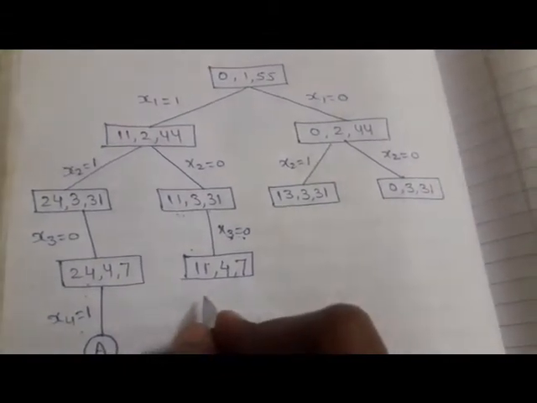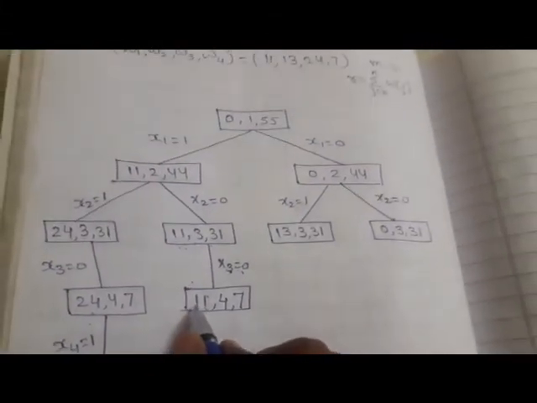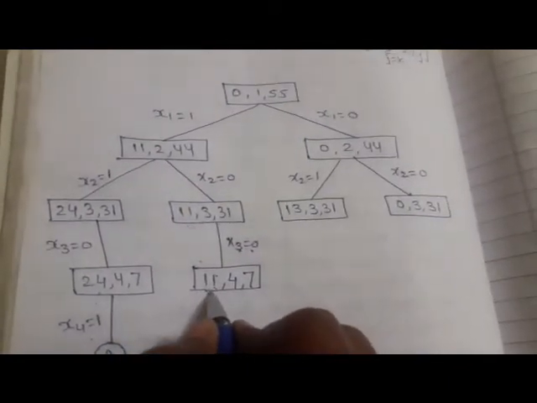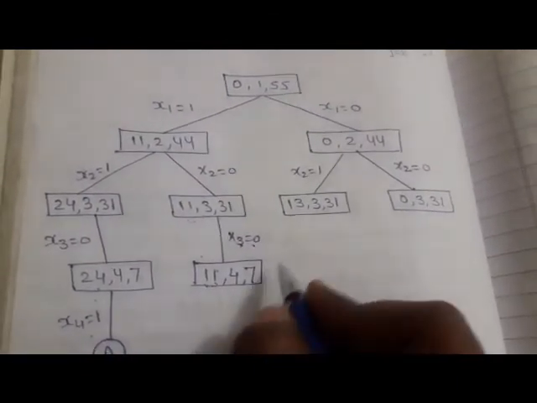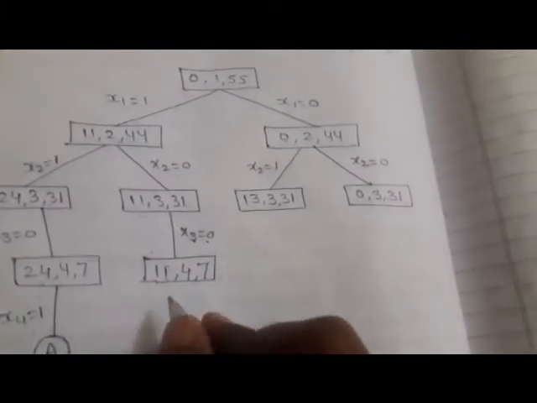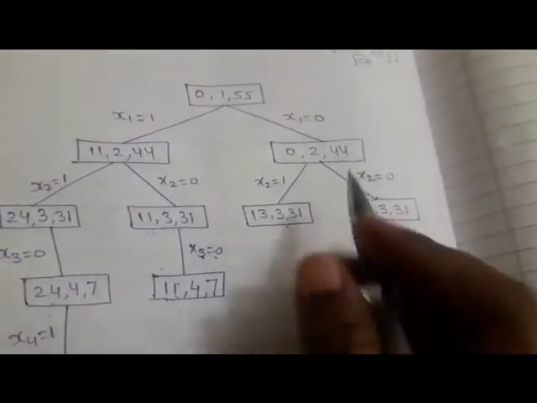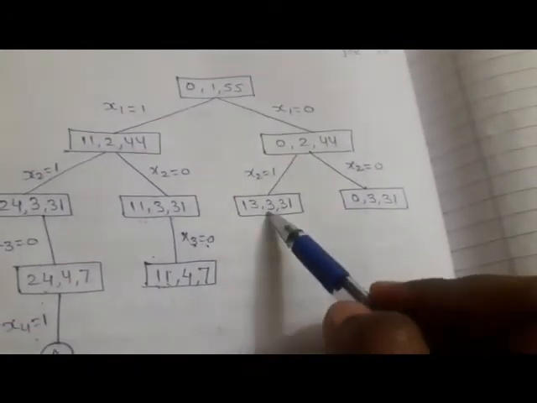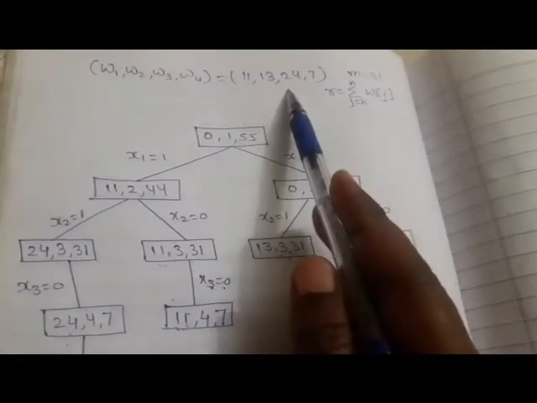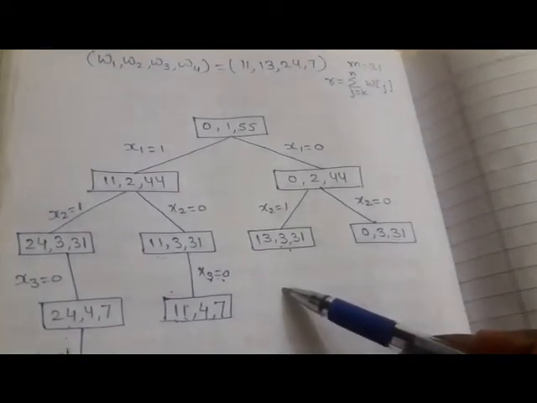Now after this if we add x4, that is the weight 4, into this, that is 7. So 11 plus 7 is 18. So we will not achieve the same subsets, so that's why we left it. After that, now here 13 is present, so 13 plus 24, if we have to add the weight 3, 13 plus 24 is more than 31, so we will not add it.